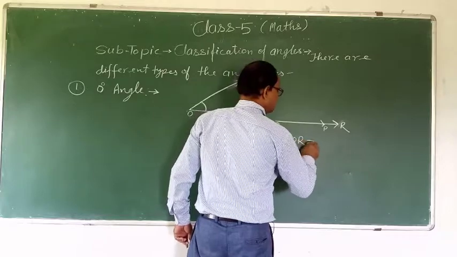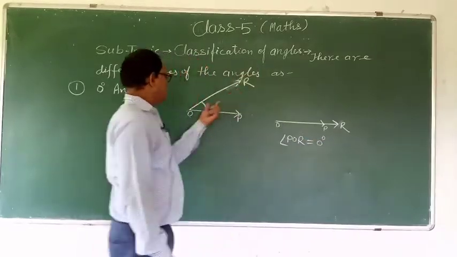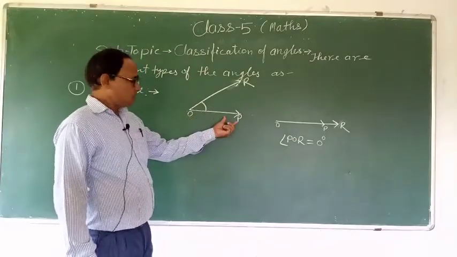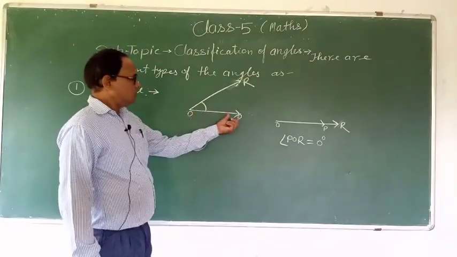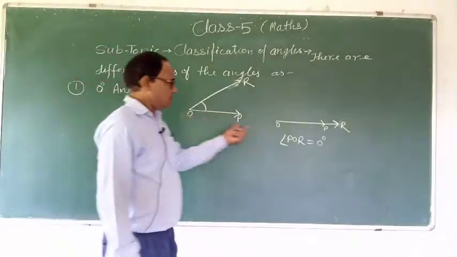When a ray overlaps another ray, the angle will be 0 degree.